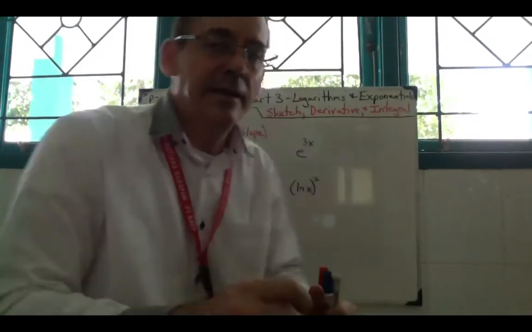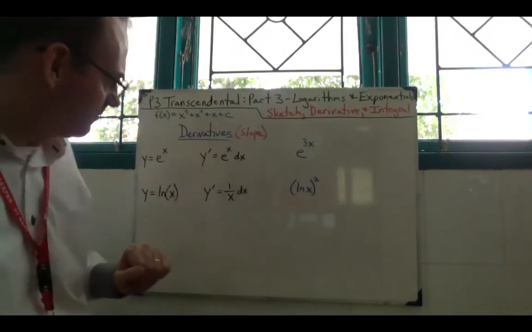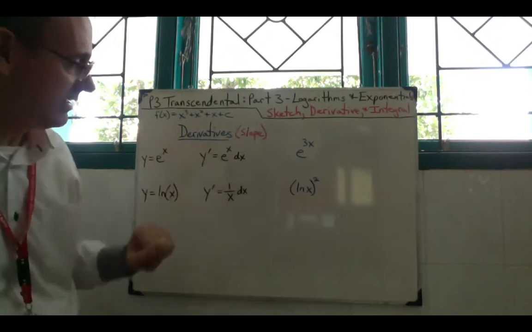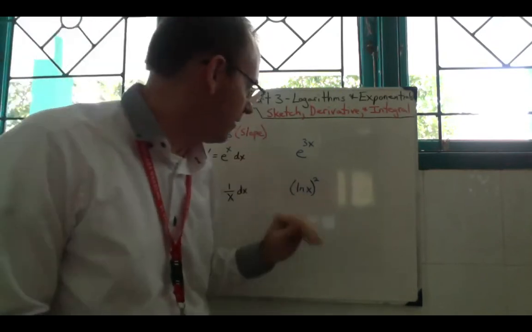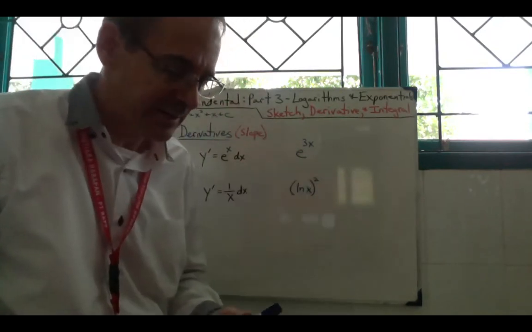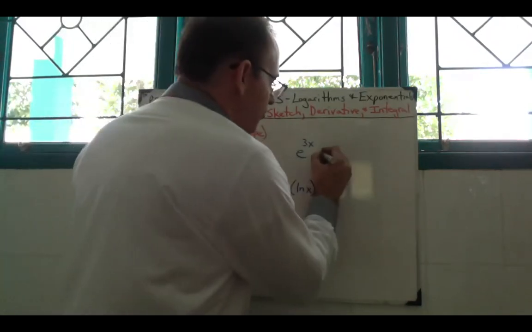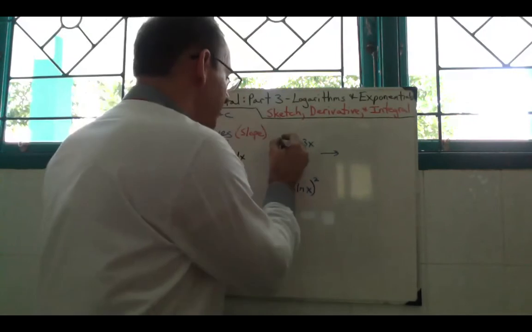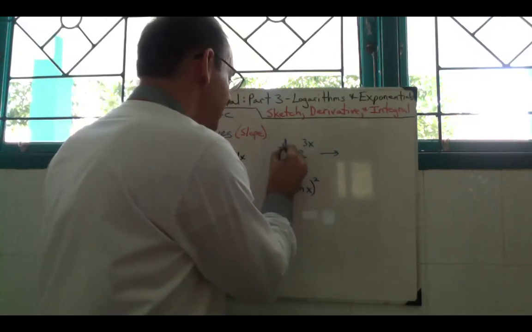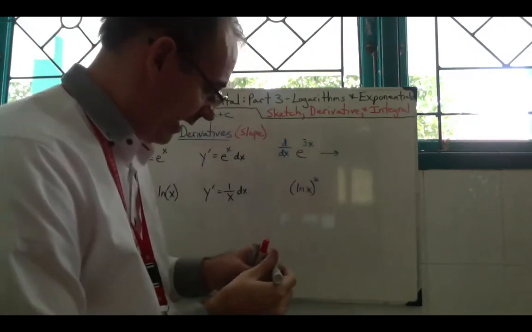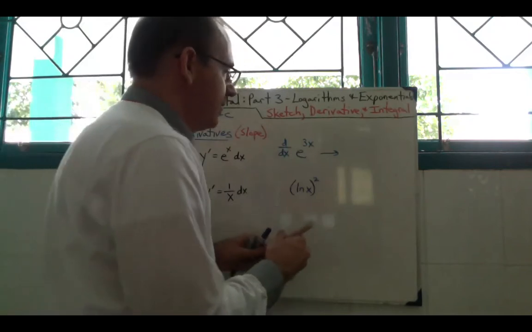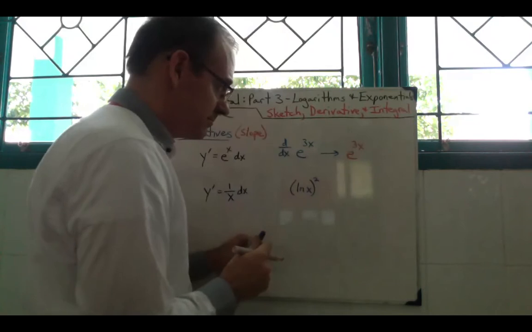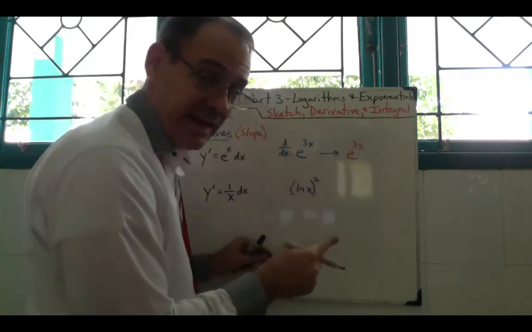So here we're doing derivatives. Here is our basic formula. The derivative of e to the x is e to the x dx. Now we're given e to the 3x, and we want to derive it. Okay, so we're going to take the derivative d dx of e to the 3x, and we're going to get e to the x, which is e to the 3x, dx.